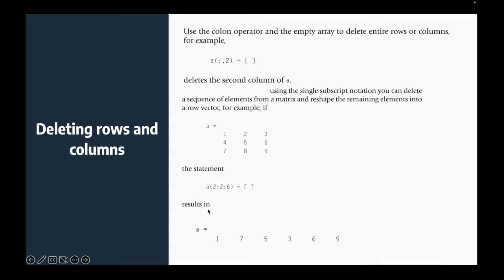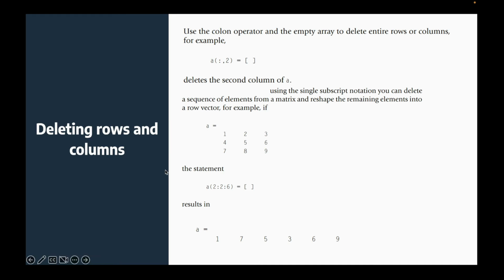Now, if you write the statement, A, open parentheses 2, colon 2, colon 6, equals empty brackets, what that's gonna do for this guy, you can see he said 1, then he jumped to 7, then he jumped to 5, then he jumped to 3, then he jumped to 6, 9. What he did, so the missing numbers here are 2 and 4 and 8.